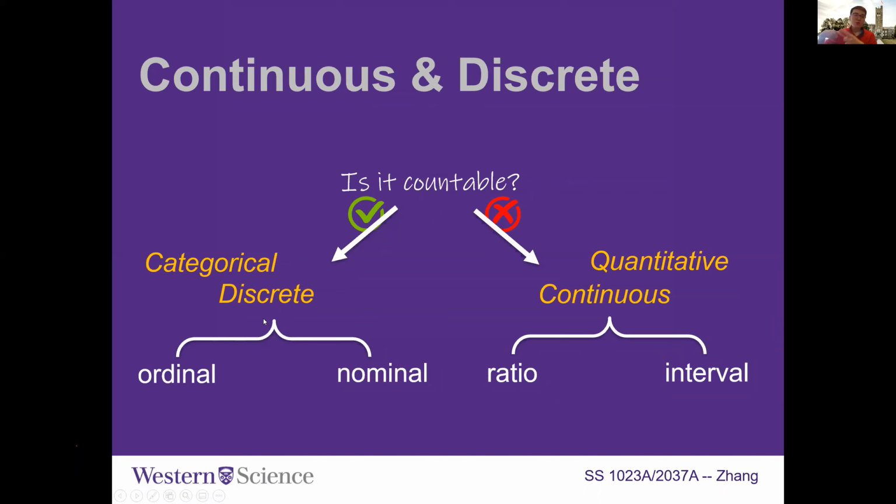Sometimes these two concepts are interchangeable, so they have exactly the same meaning. And if it is not countable, like height, then we say it's a continuous variable or quantitative variable or data. Basically, the discrete data will contain both ordinal and nominal, and the continuous will contain ratio and interval. So they're basically a subset under this new definition.